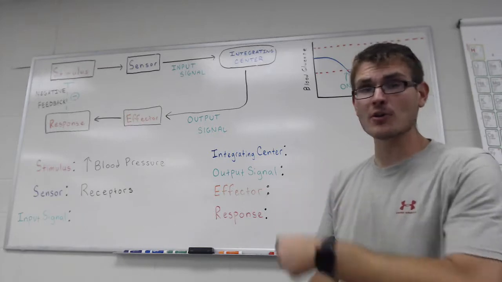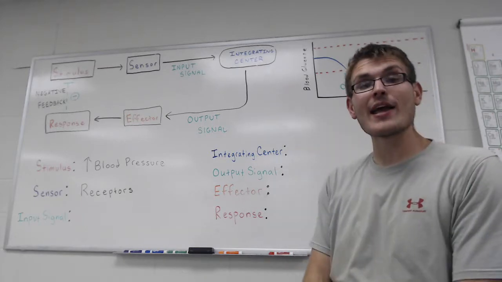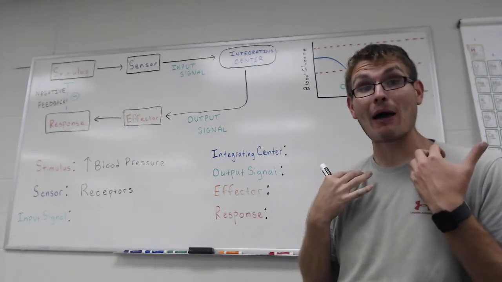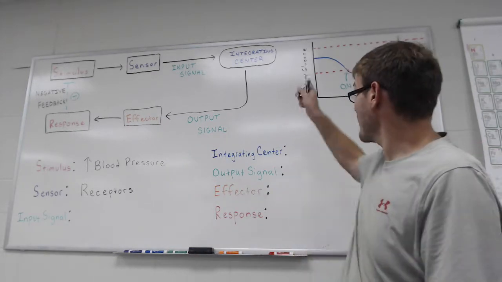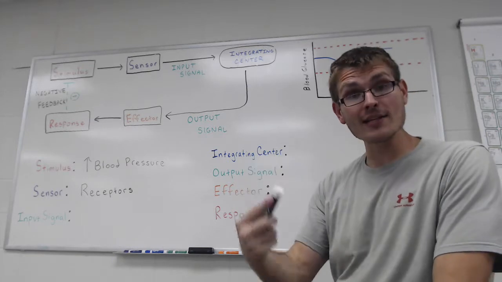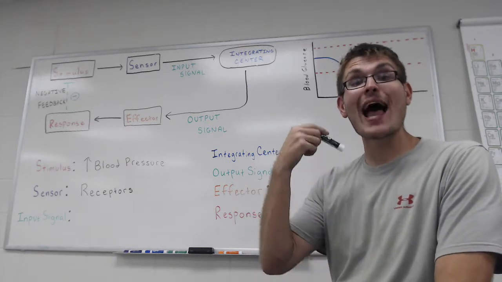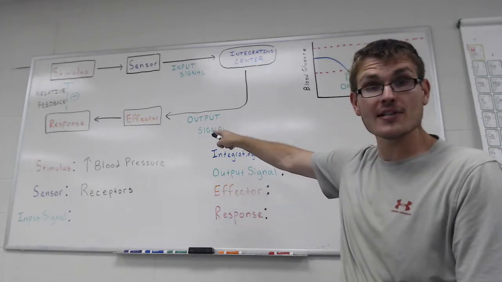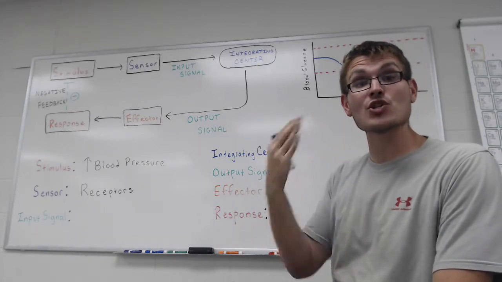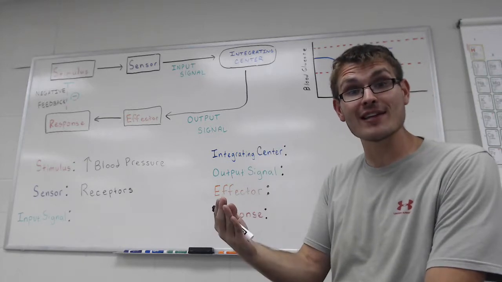To put this more simply, the integrating center is receiving information that the blood pressure is too high. The integrating center will process this information, decide on the best course of action to fix that, and then your output signal is going to be basically instructions on how to fix this.